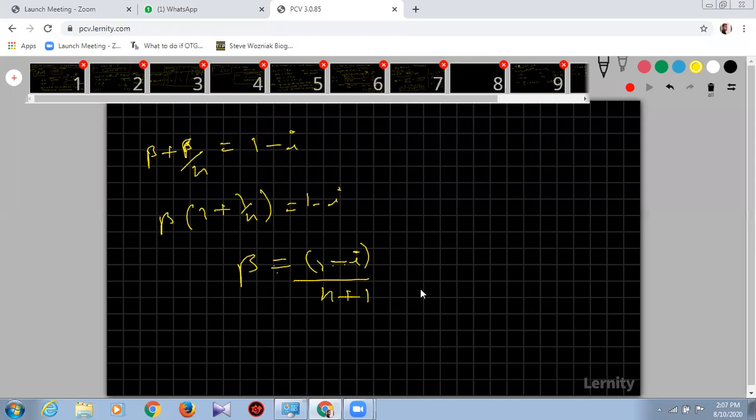Or also you can write alpha is equal to 1 minus i by n plus 1, or 1 plus n you can write.